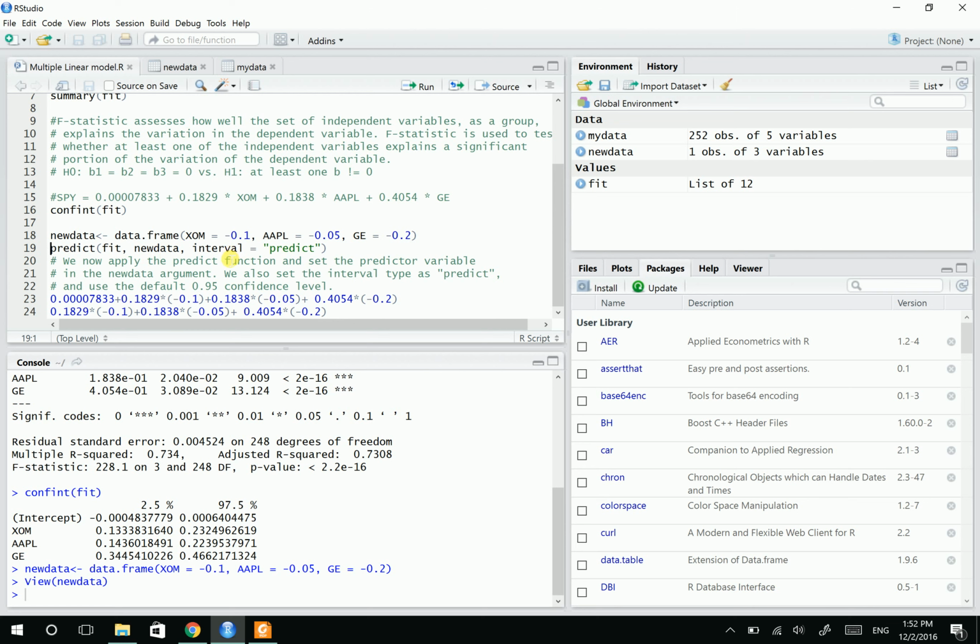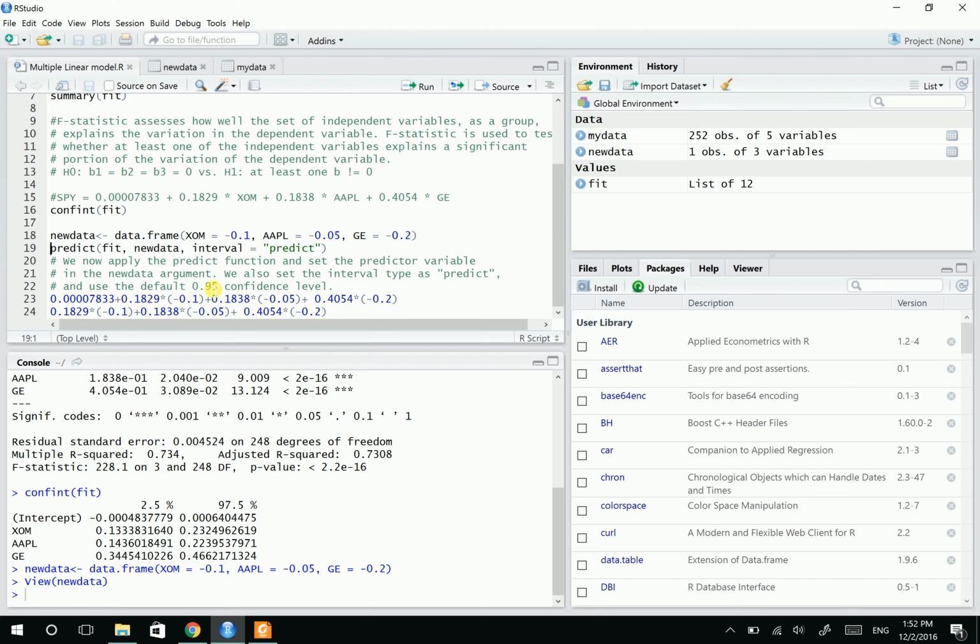This means the interval type is predict, and we use the default 95% confidence level. So here it will tell you the predicted number of the dependent variable and its lower bound and upper bound within the confidence interval.